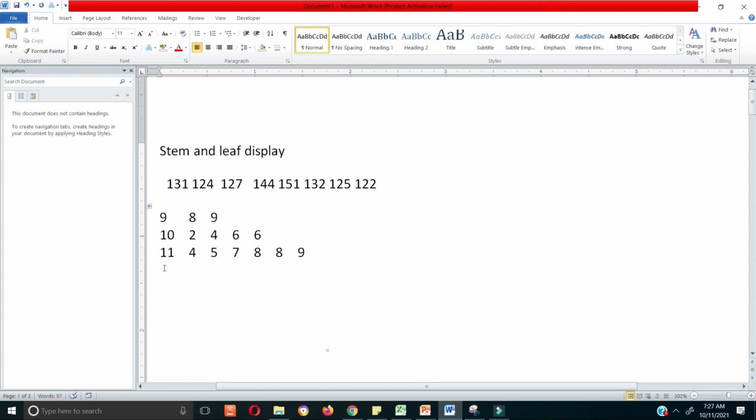So we have the 120s. We have 122, 124, and a 125.